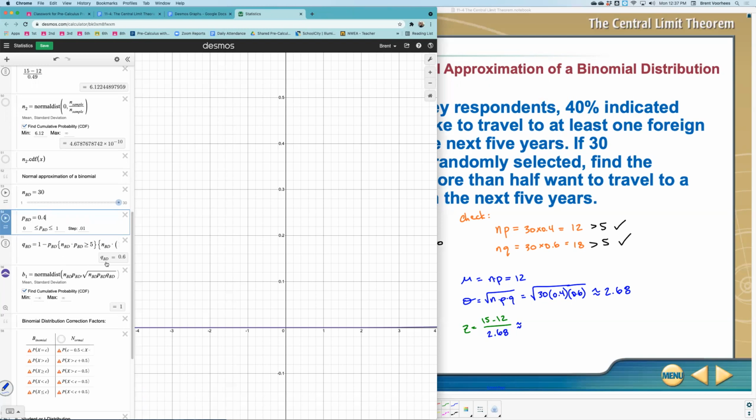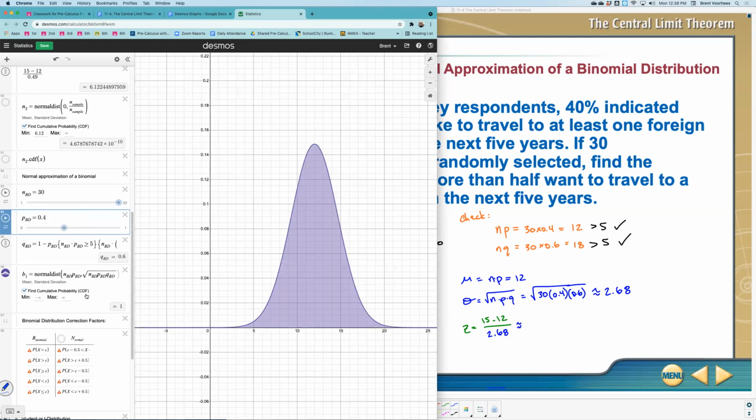That meant the probability of failure was 60%, which that calculates for us. And so this takes the binomial distribution and normalizes it. It gives you here looking at it as a normal distribution. We want to know, given this z value, what's the probability that more than half, that means more than this 15, want to travel.